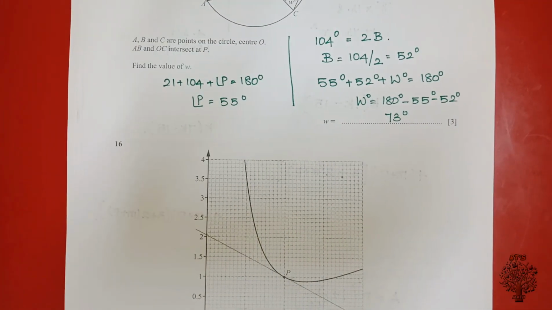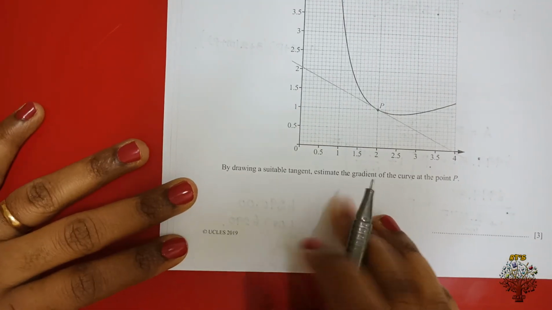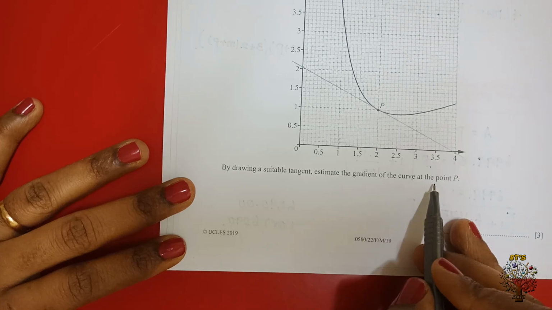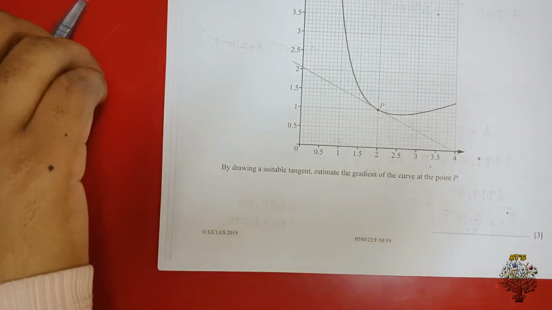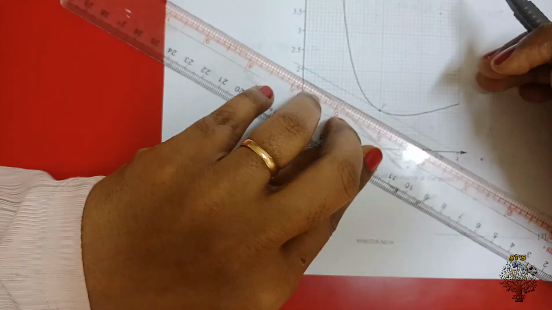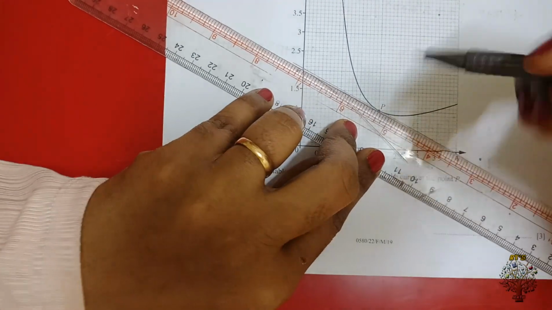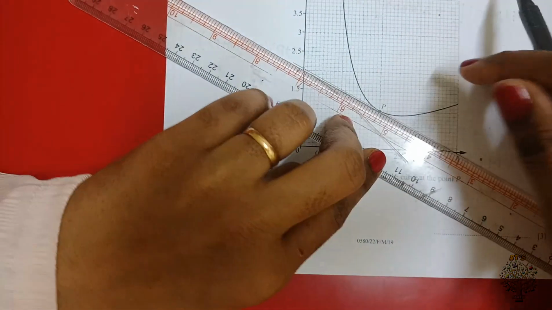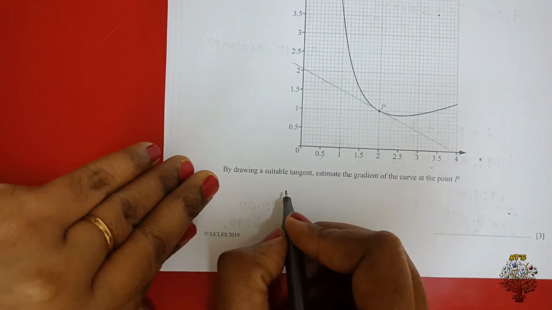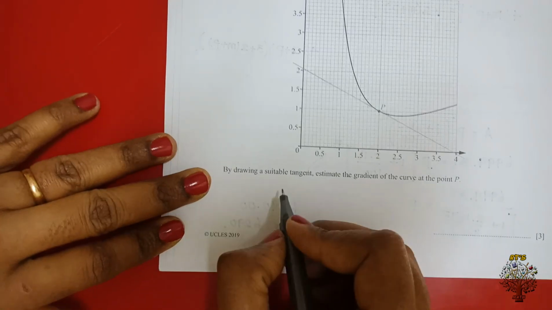Now the next question is, by drawing a suitable tangent, estimate the gradient of the curve at the point P. So you have to draw a suitable tangent. Already I have a pencil mark. Okay, like this you place your ruler and draw a suitable tangent. Now you should know the tangent gradient formula.